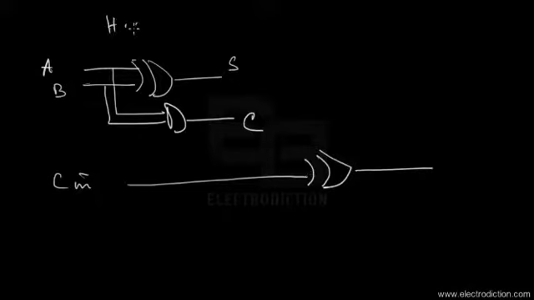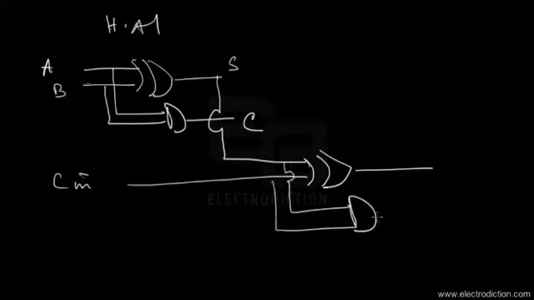So this is our half adder 1, and here the sum bit of half adder 1 forms the second input to the XOR gate of half adder 2. And here goes the AND gate that produces the carry. Let me just draw it on the upper side. That would be quite easier for you all to follow.